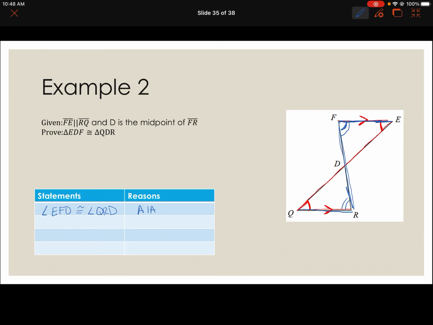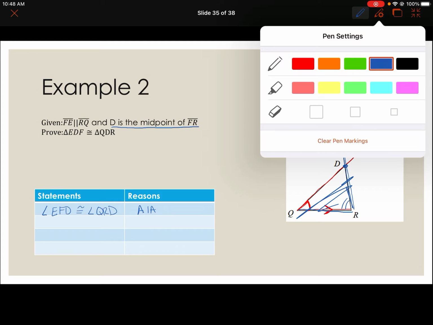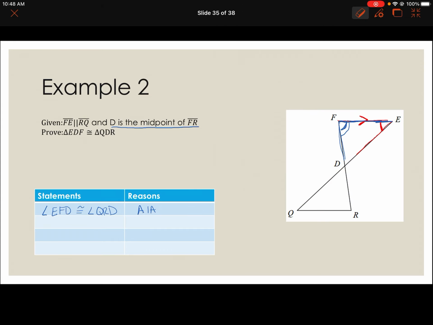The next thing that we know is D is the midpoint of FR, which means that D divides those into congruent segments. Let me clean up my diagram a bit. So let's just put the markings that we have in our statement. So we have FE is congruent to, EFD is congruent to QRD, and that segment is parallel to that segment.